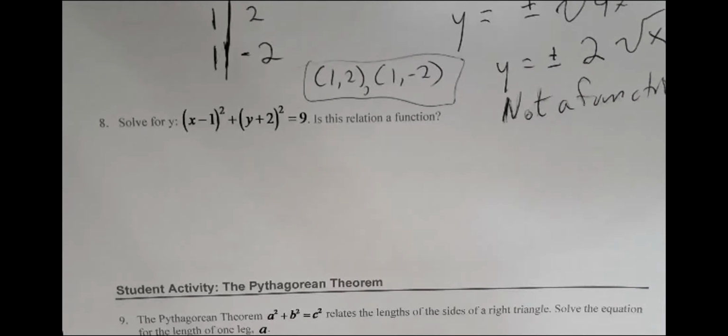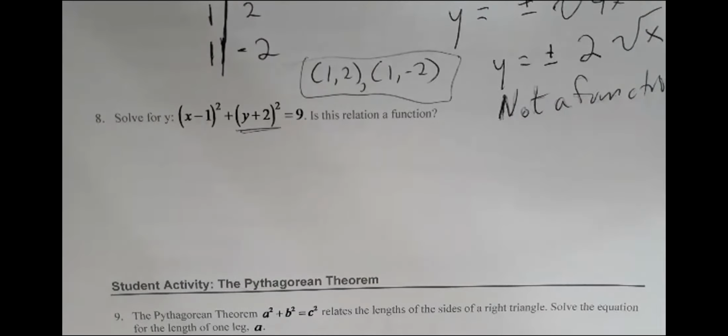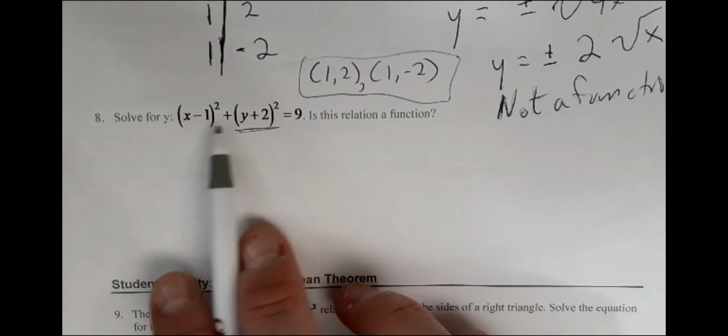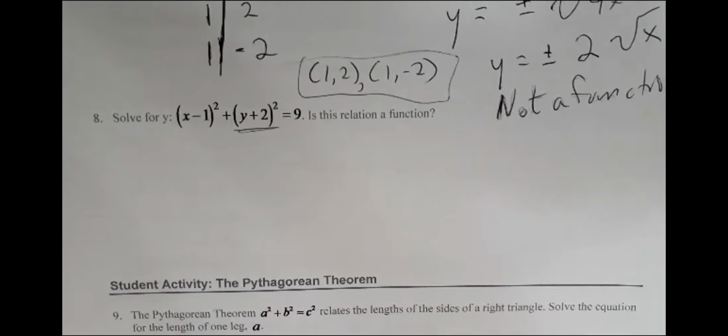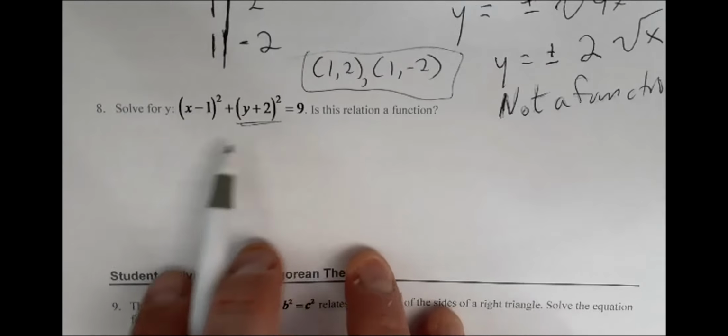Solve for y. So we're solving this thing for y. This is the thing we want to isolate and get by itself. This might look a little funky, but the operation here is plus or minus with this crazy thing. We hadn't talked about this, but this is actually the equation for a circle. If we were to graph this, it would look like a circle.